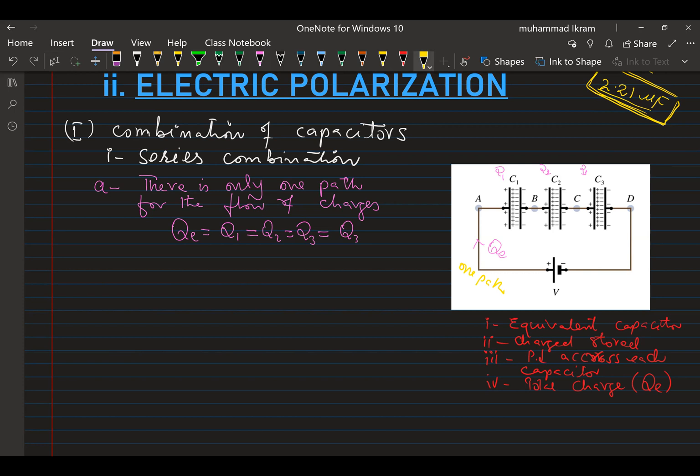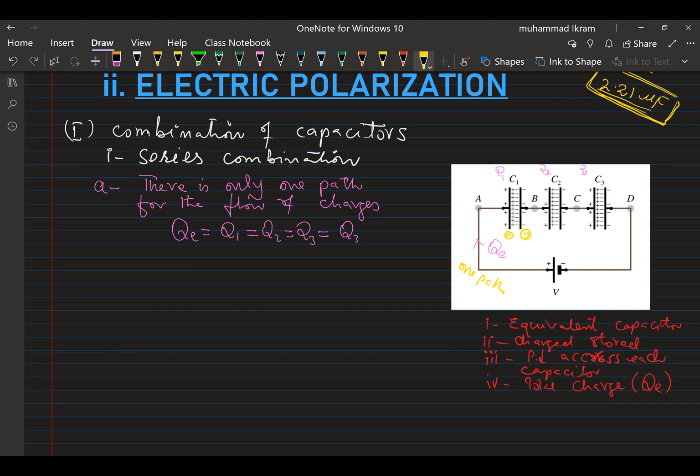For example, if the battery removes 20 coulomb of positive charge from the plate, I will label this plate X, for example, and this plate Y. So if the battery removes 20 coulomb of charge, then by electrostatic induction you have 20 coulomb of negative charge here, because of electrostatic induction, like charges repel and unlike charges attract.